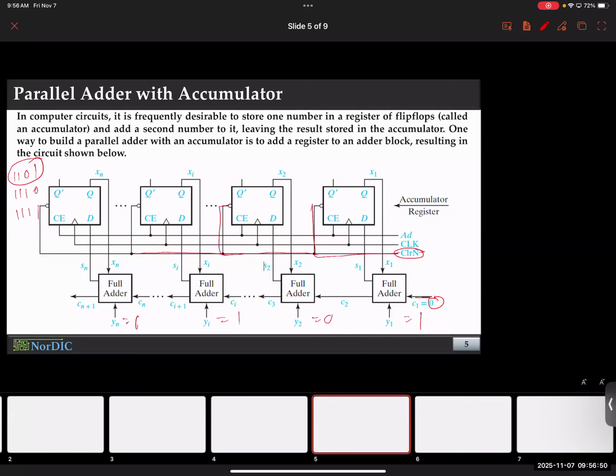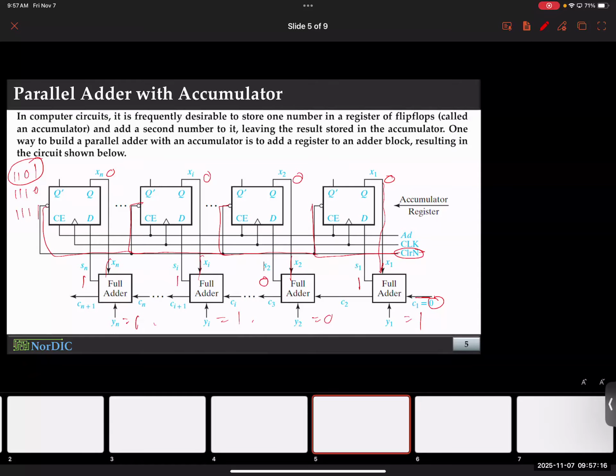That means my flip-flop outputs are all 0, 0, 0, 0 to begin with. Notice the flip-flop output is basically the input X. So what is your input X? 0, 0, 0, 0. What is your input Y? 1, 1, 0, 1. What will be the sum? 1, 1, 0, 1, essentially.